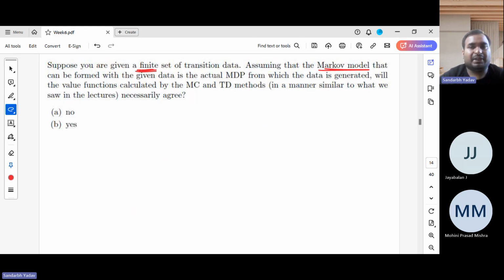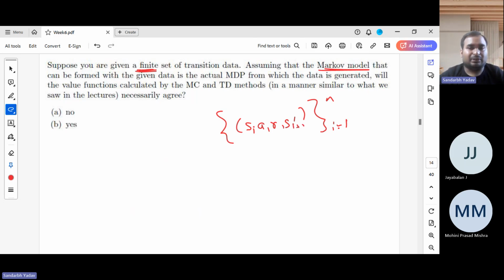Okay. So they are saying suppose you are given some transition data, suppose this transition. So this is one transition. You might be given some set, suppose n transitions are given. Maybe I can index it like i, i plus one, something like this.